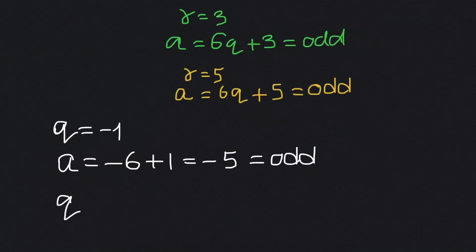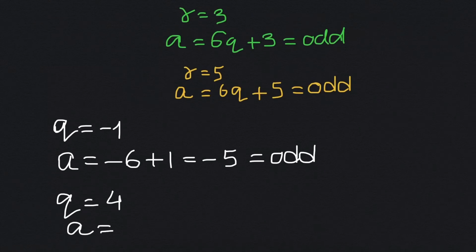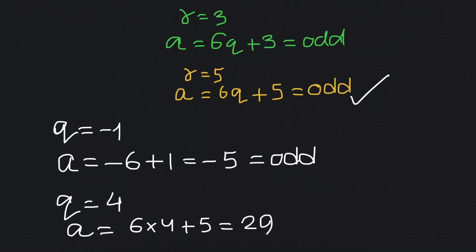Again putting q is equal to say 4, a is equal to 6 into 4 plus 5, which is 29, which is also odd. Okay, so this statement has been proved.